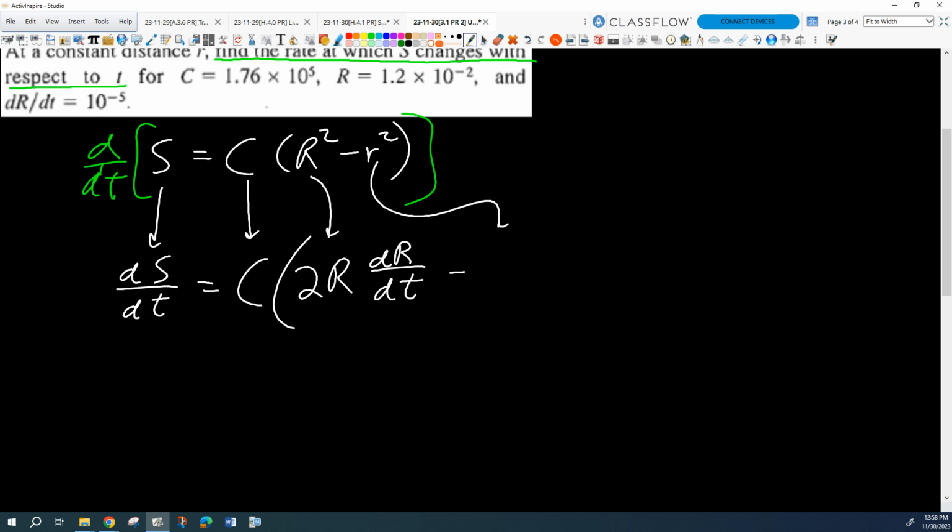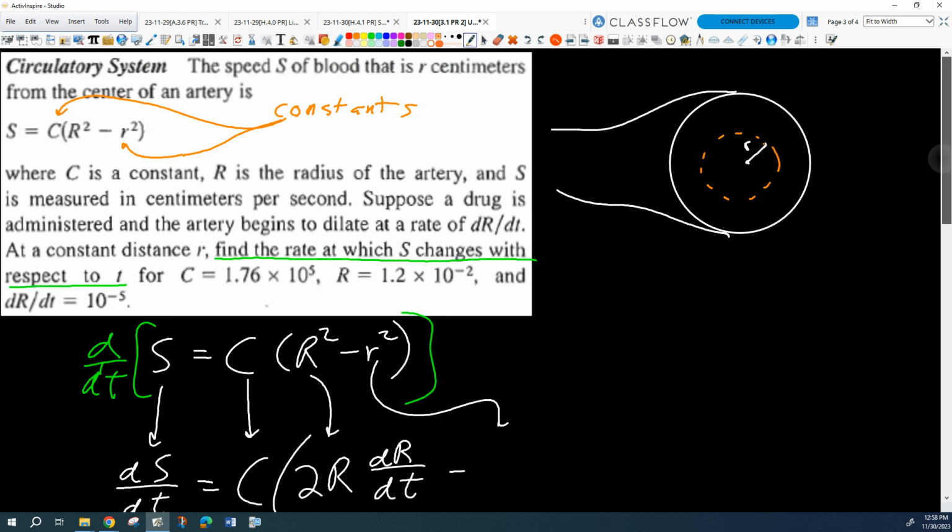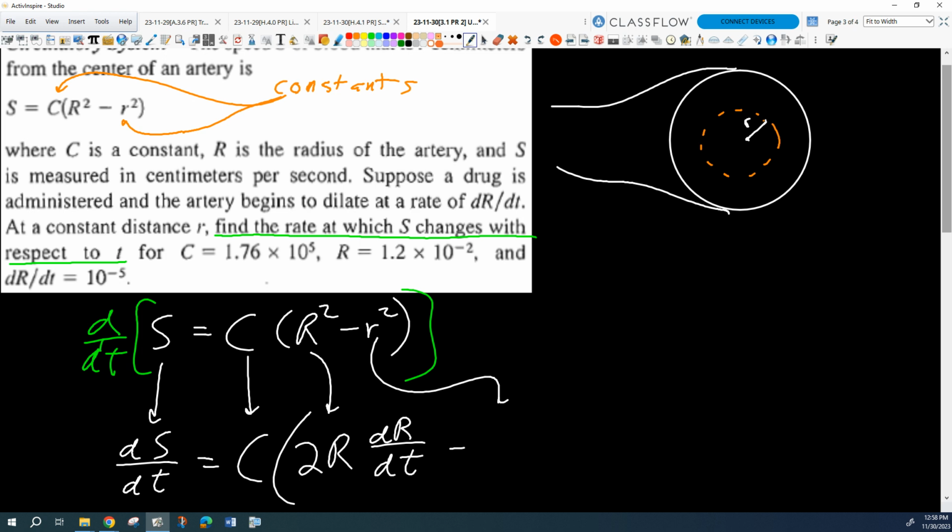Okay, but we know an actual value for that. You're thinking, the big R, but what if I differentiate that term? What am I going to get? Well, we said little r is a constant. If little r is a constant, then isn't little r squared a constant squared, which is also a constant?